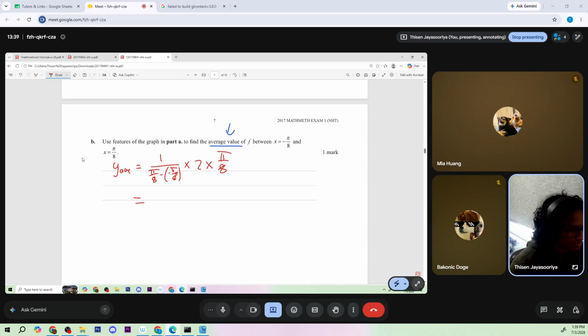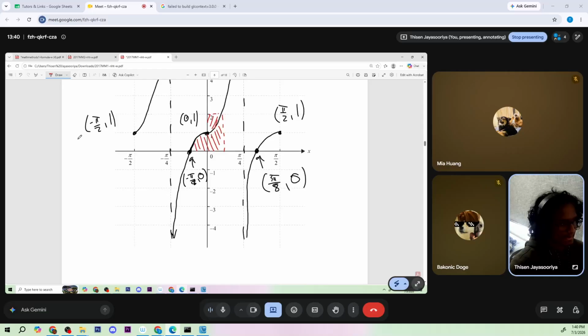Here we get 4 over pi times 2 times pi over 8, which will just leave us with an average value of 1. Does that make sense? It's a bit weird for me to do this, but this is what they wanted me to do in this case.